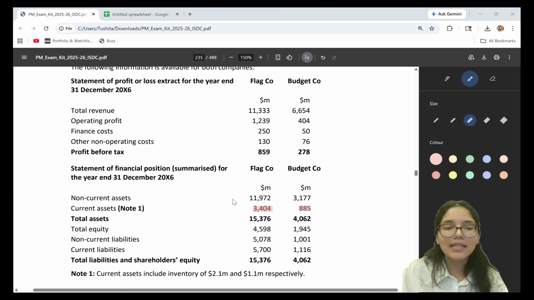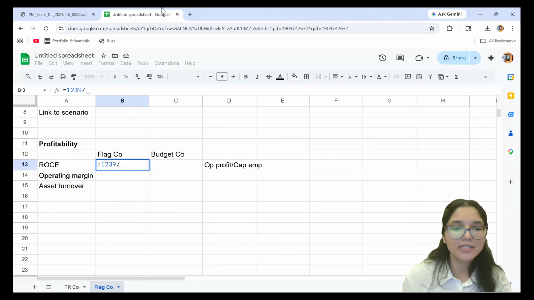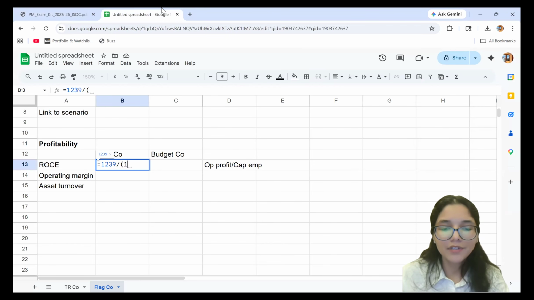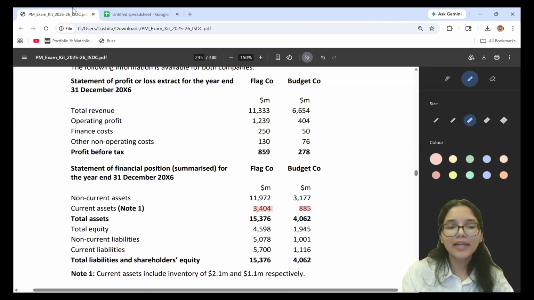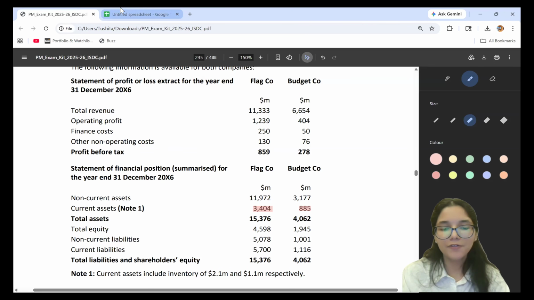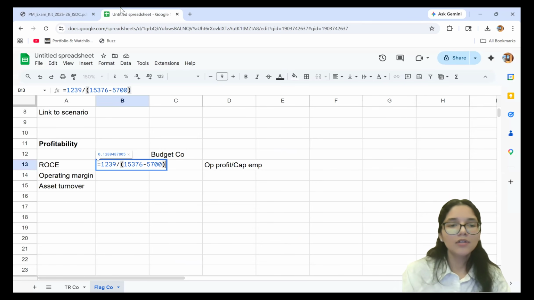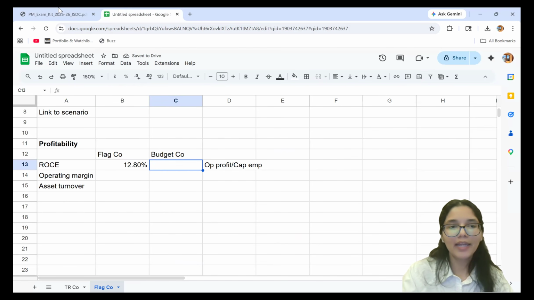Here we can very easily use the total assets, 15376, and from that take away the current liabilities that are 5700. This way I get to my calculation of the ROCE, in percentage format, 12.8%.